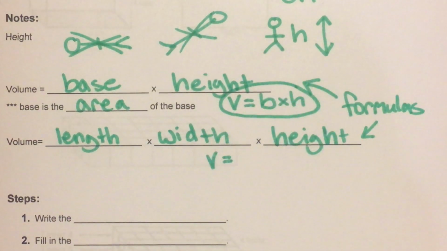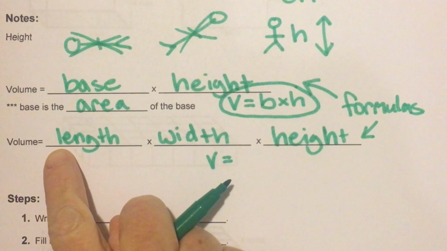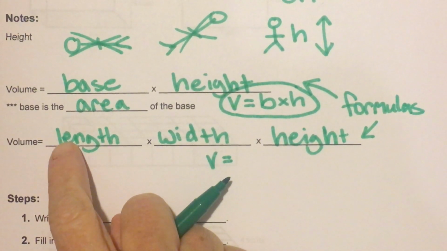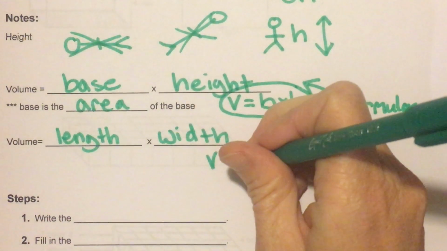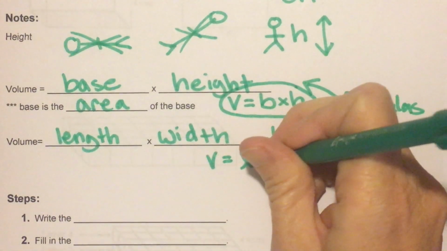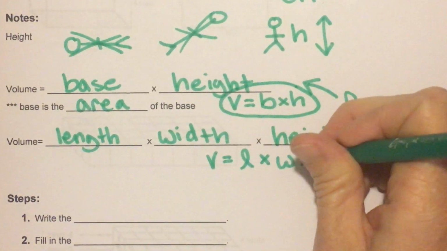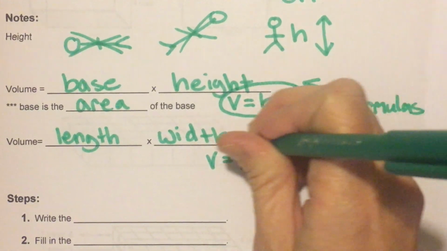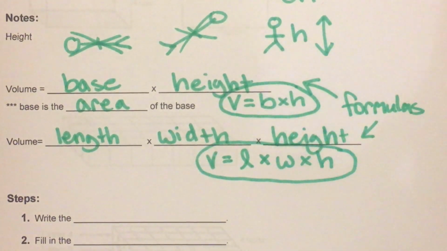So volume equals, and instead of a straight L, which might get confused for 1, they usually put it in cursive. Volume equals length times width times height. This is our second formula. So those are the two formulas we're going to be using to find volume of our shapes.